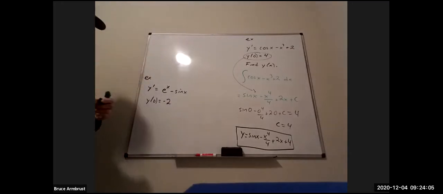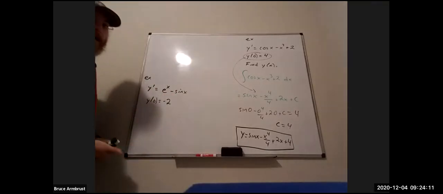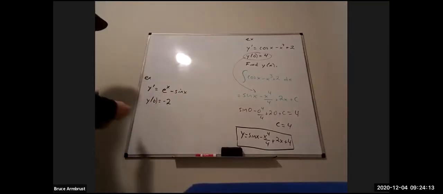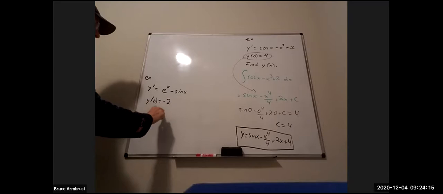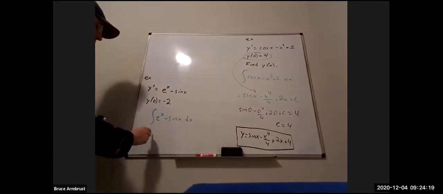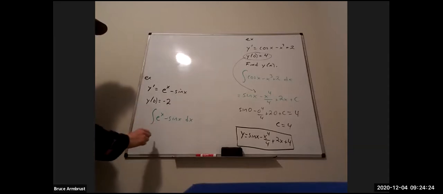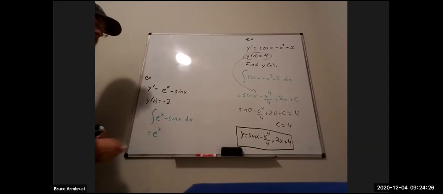Okay, so similar idea. So think about what we're going to do. We're going to start by integrating the e to the x minus sine of x. All right, so integrating e to the x gives us e to the x.